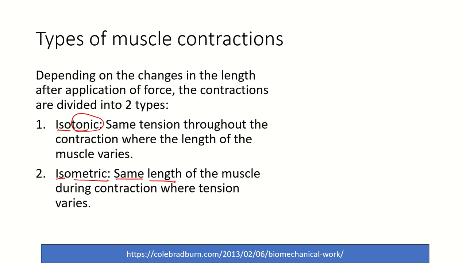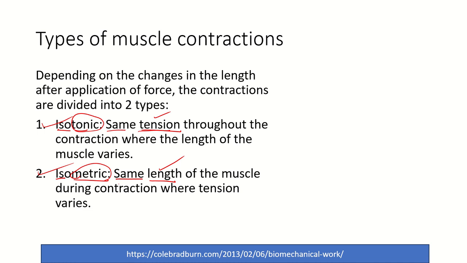Isotonic, the word tone, means same tension. Tonic, same tension. Whenever throughout the contraction the tone remains the same, it is known as isotonic. Whenever throughout contraction the length remains the same, it is known as isometric.